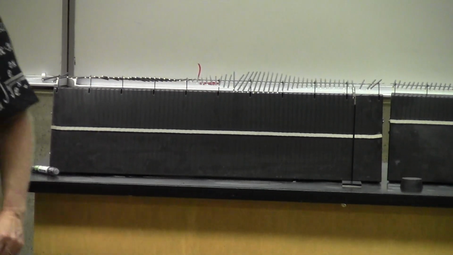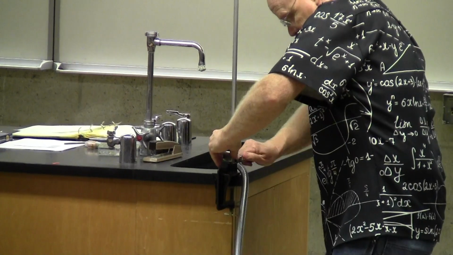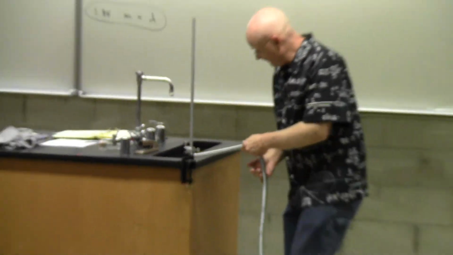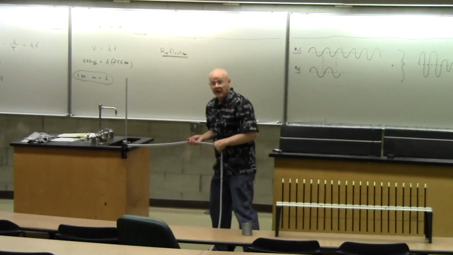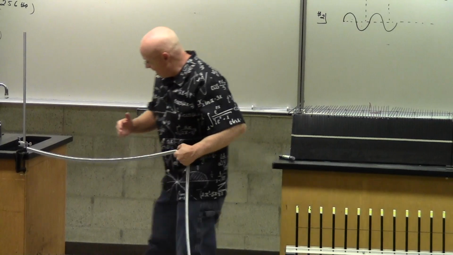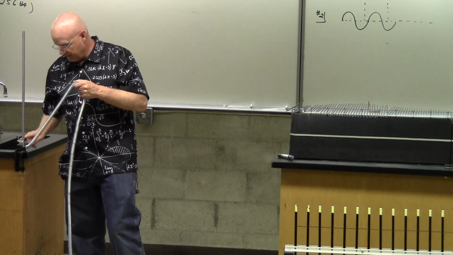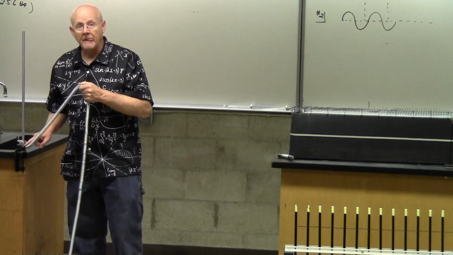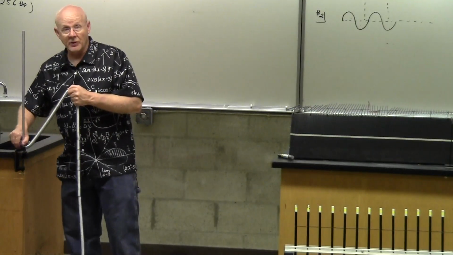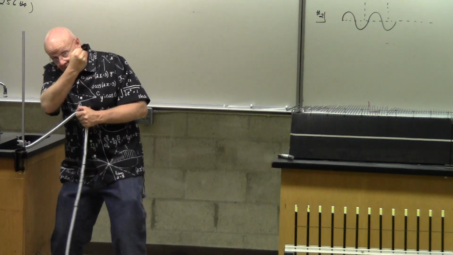This one's kind of a fun one to see, because if I clamp it, and let me make sure it gets all the way clamped here. If I stand back here and make an up pulse, that up pulse will come across, and it's going to try to lift up on this spring. But it's clamped. And so the metal here, the clamp here, pulls back. And it's equal and opposite.